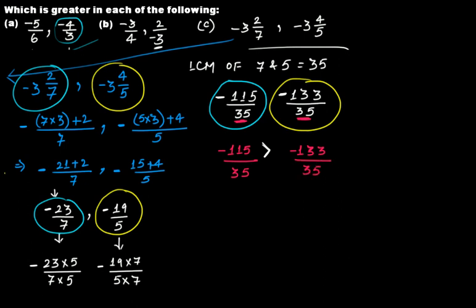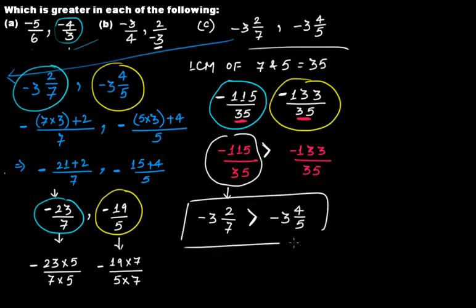Now, what is minus 115 over 35? Actually this thing, right? As we have shown here. So this minus 3 and 2 over 7 mixed number will be greater than, what is this? It's actually equal to this, minus 3 and 4 over 5. So this is the answer.